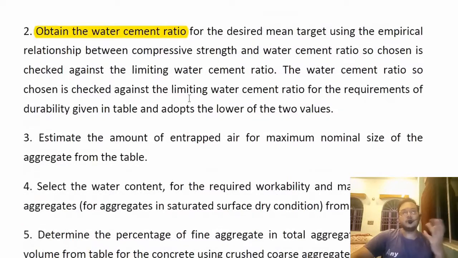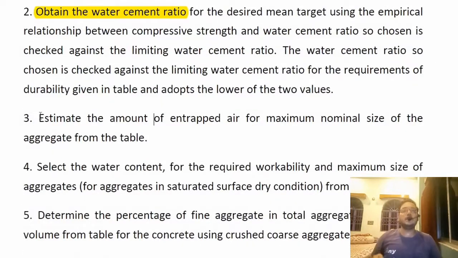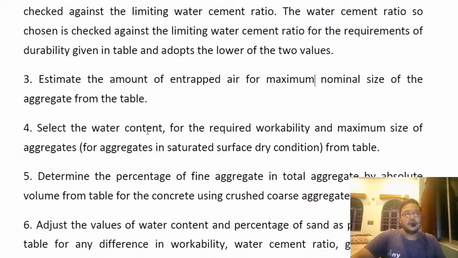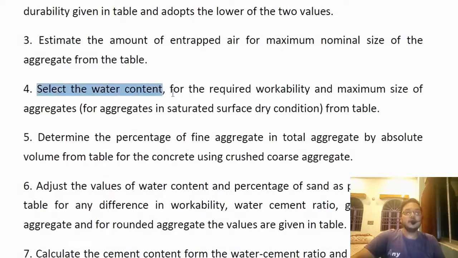So lower the water to cement ratio, the less will be the amount of water used in our concrete. Next is to estimate the amount of entrapped air for the maximum nominal size of the aggregate from the table.